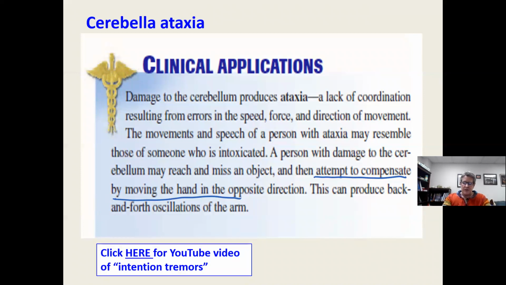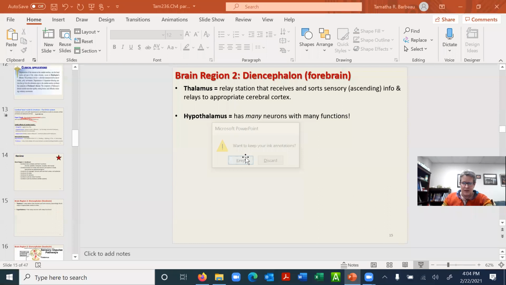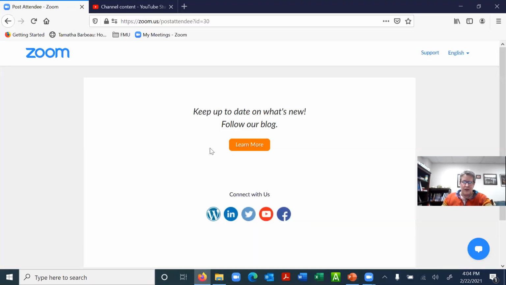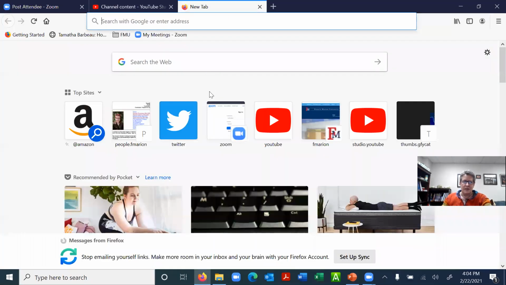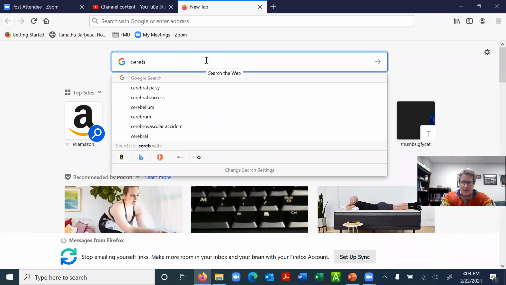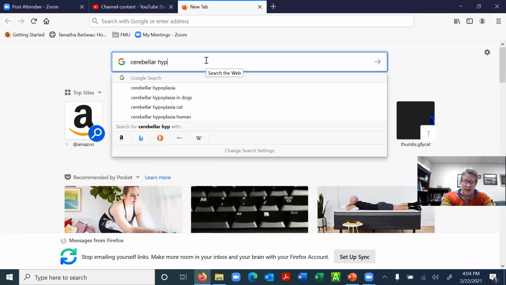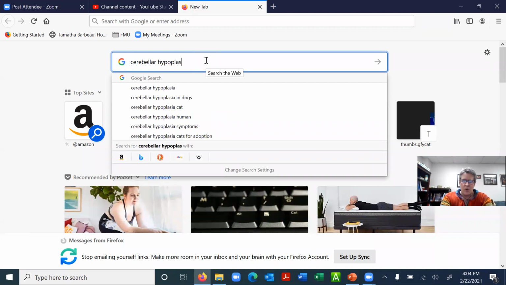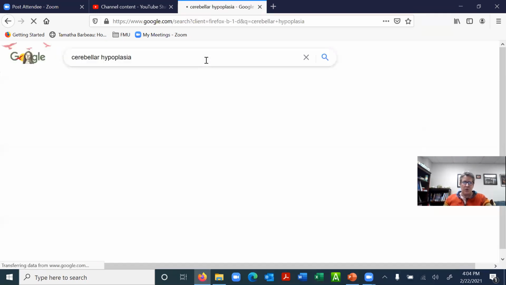And you can be born with something called cerebellar hypoplasia. Cerebellar hypoplasia. Let's look at that for a sec. I'm going to look up online cerebellar hypoplasia. I know this because animals are born with it, and so can people be born with it.